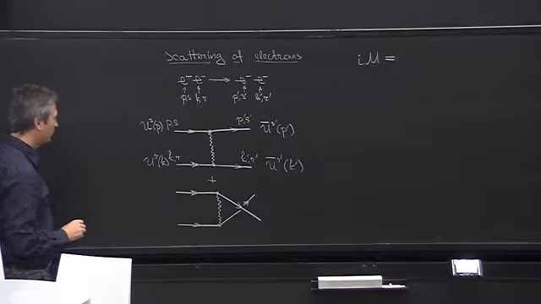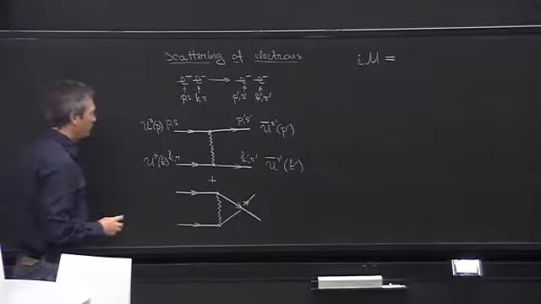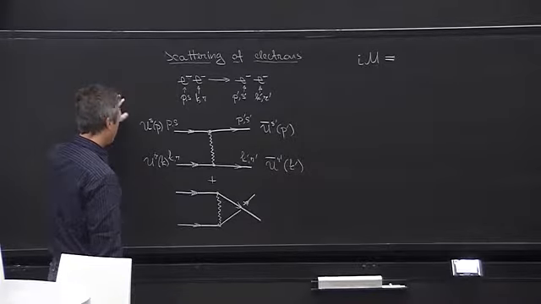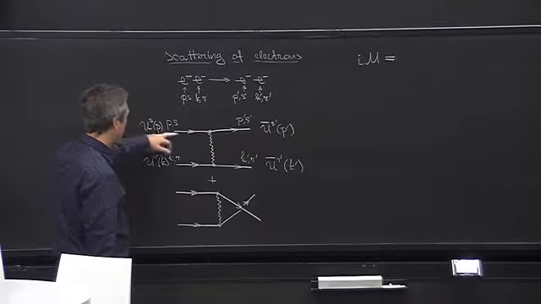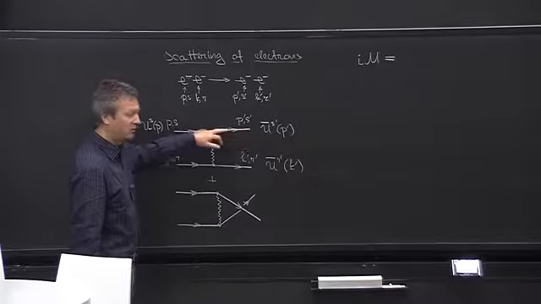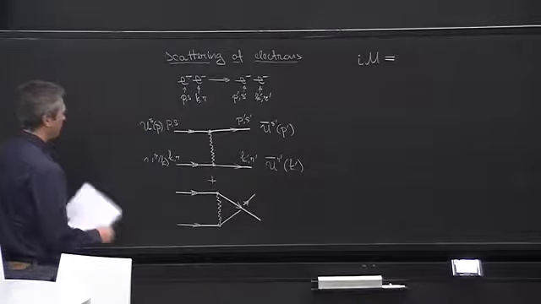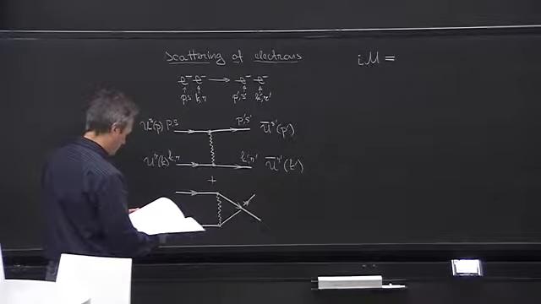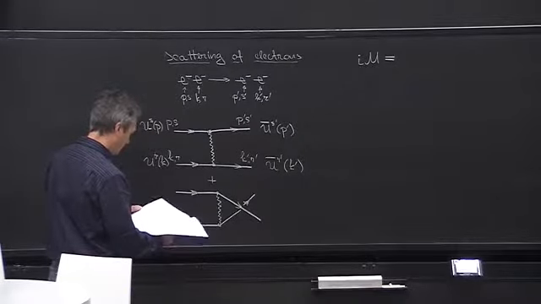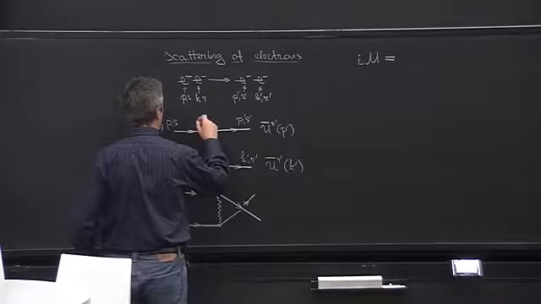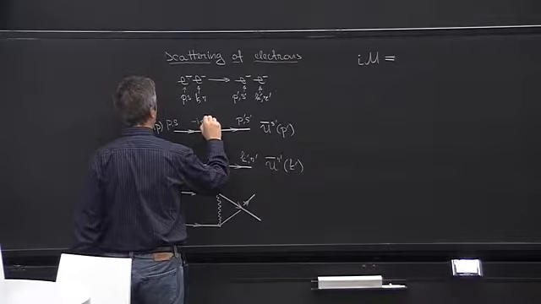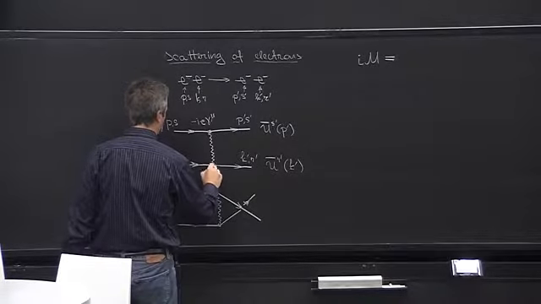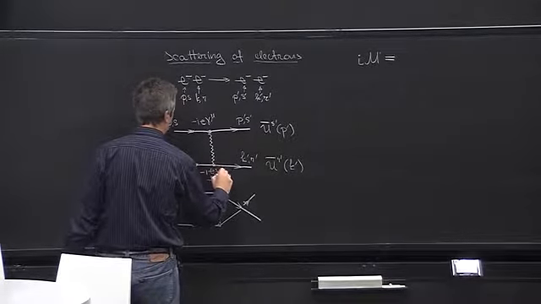So the best way is to go along the electron line from right to left and multiply all elements that we have. So the vertex is given by minus i e gamma mu. And this vertex will be minus i e gamma nu.